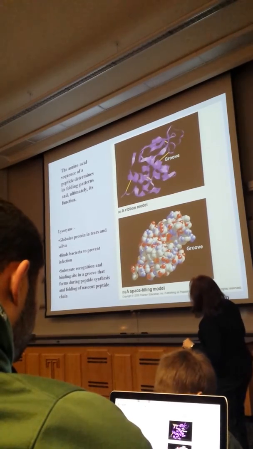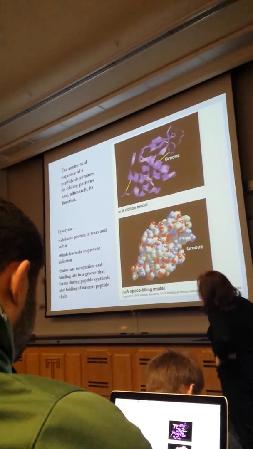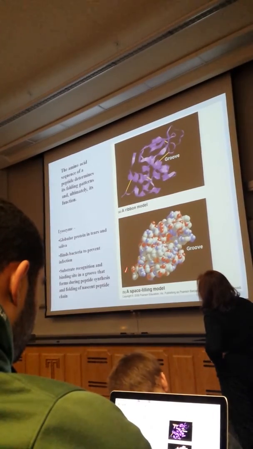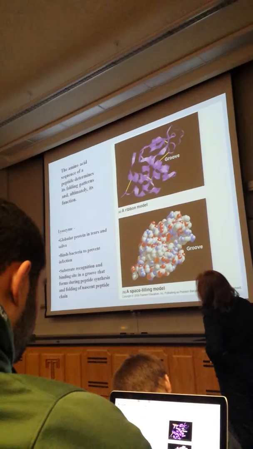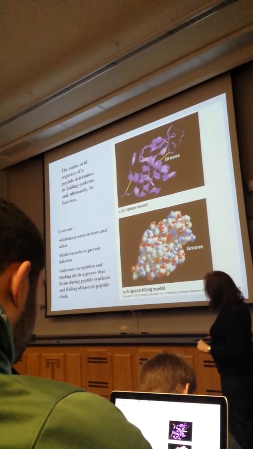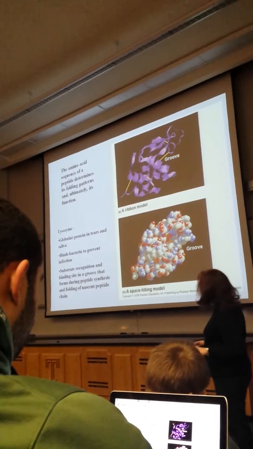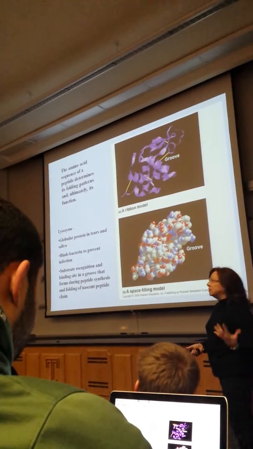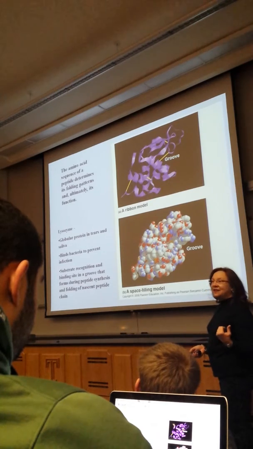All right. And so what you're looking at here are examples of, first, a ribbon model or a space filling model of a well-known protein called lysozyme. This is actually a protein that you find in your tears and your saliva, and it binds to bacteria and prevents infection. Did you know you had that?